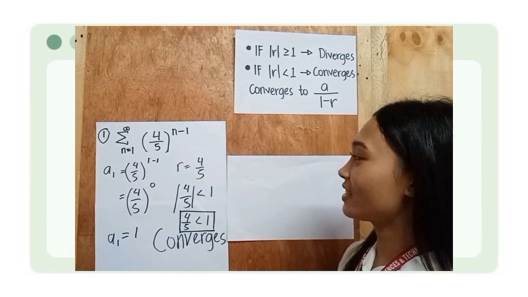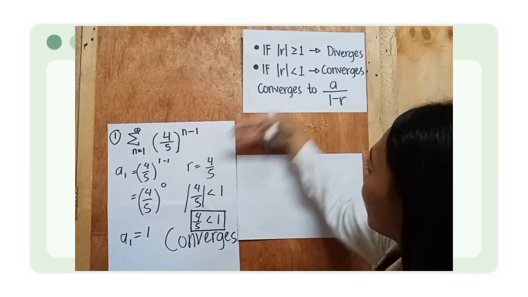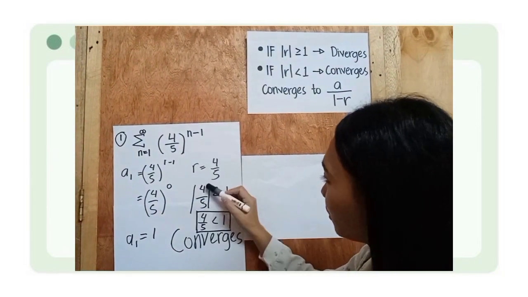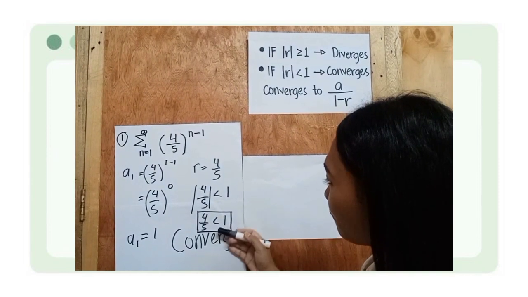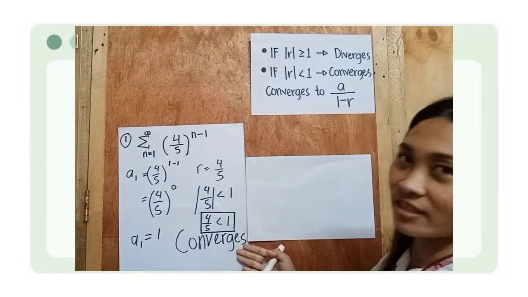In our next step, we need to find our ratio, which is 4 over 5. So we need to substitute our R in this condition: the absolute value of 4 over 5. Therefore, 4 over 5 is less than 1. It converges.